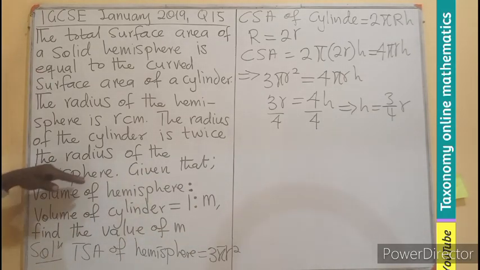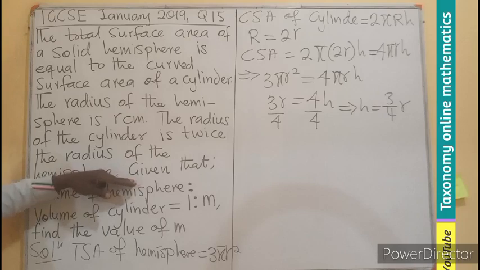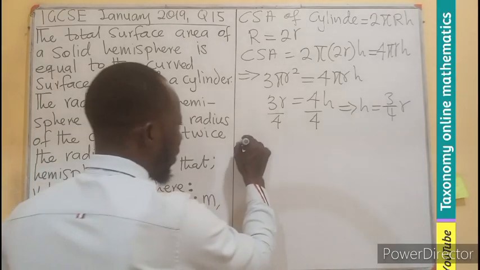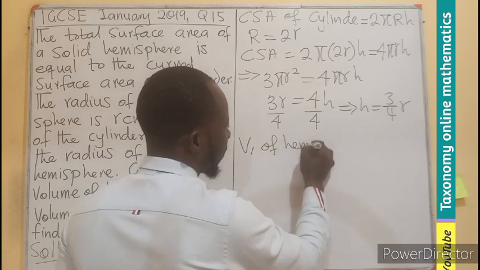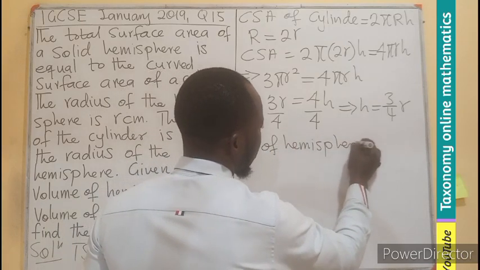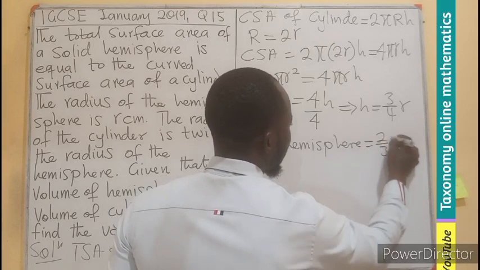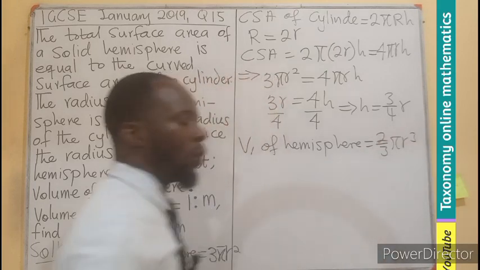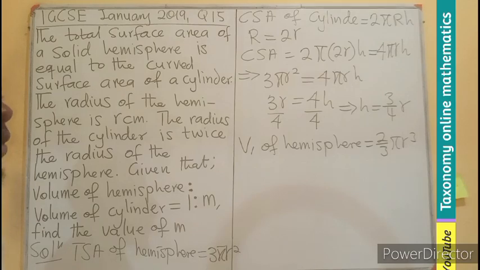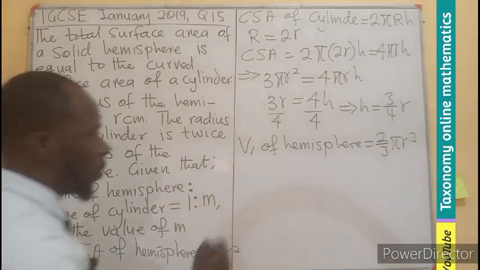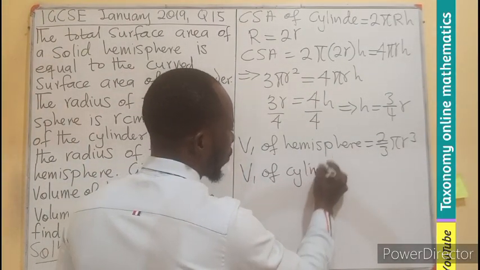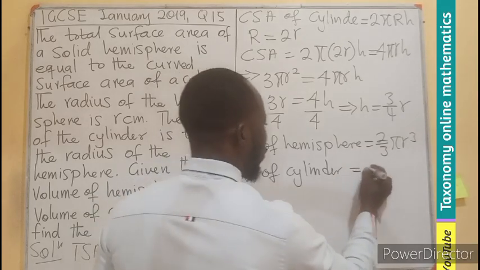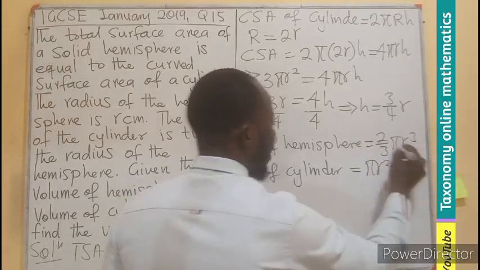Now let's come back to the volume of the hemisphere. The volume V of a hemisphere is given by 2 on 3 pi r cubed. Then let's quote the volume V of the cylinder, which is pi R squared h.